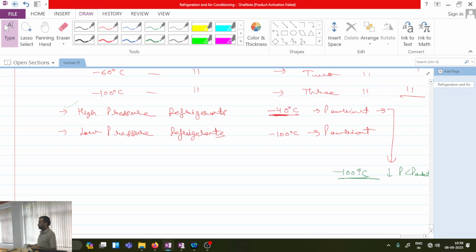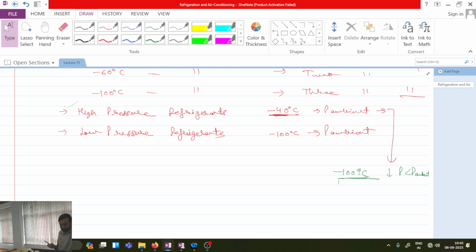Cooling of the compressor is generally done with the help of refrigerant which is flowing over the compressor. So in a hermetically sealed compressor, because the mass flow rate of the refrigerant will decrease significantly, it will not be able to do effective cooling of the compressor, and there will be chances of overheating of the compressor and decrease in its overall life. Is this point clear? So that's why we cannot use hermetically sealed compressors under such conditions.